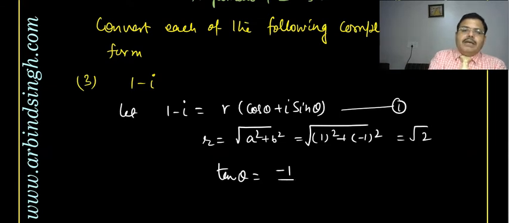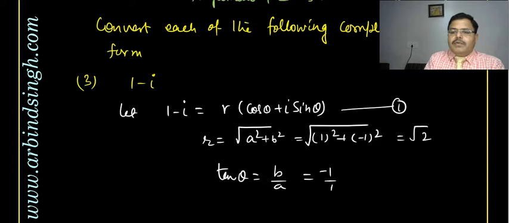so tan theta is given by b by a, that is minus 1 upon 1.